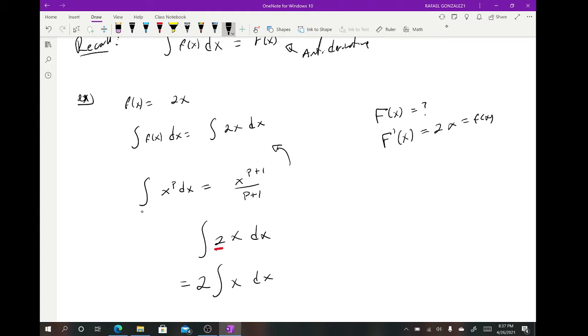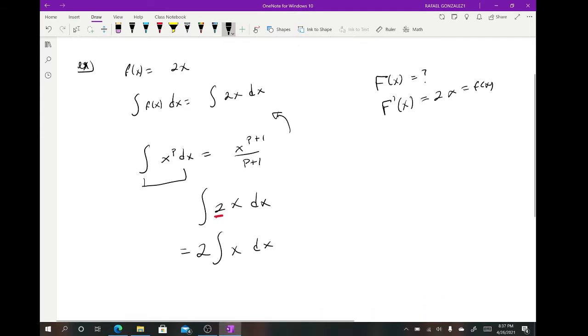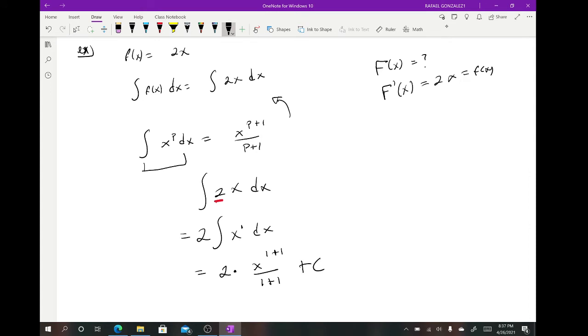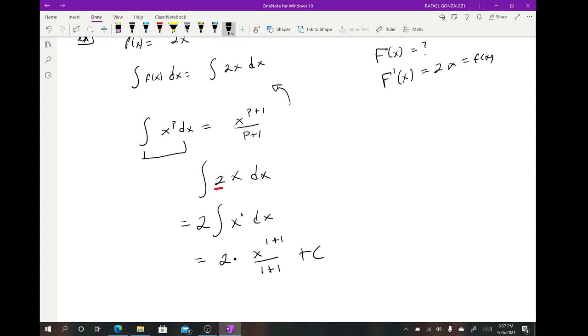And now we have something of the form x to the p dx. And we saw from last time that this is the same thing as 2 times x to the 1, because it's power 1, plus 1, divided by 1 plus 1, plus c. Because remember that this indefinite integral is not unique.